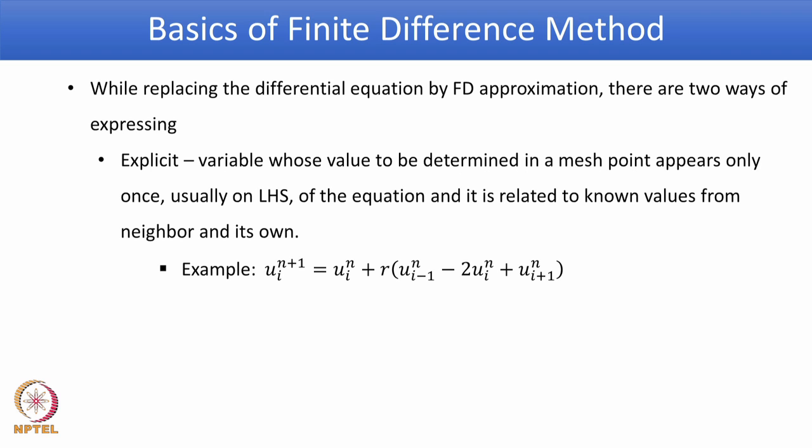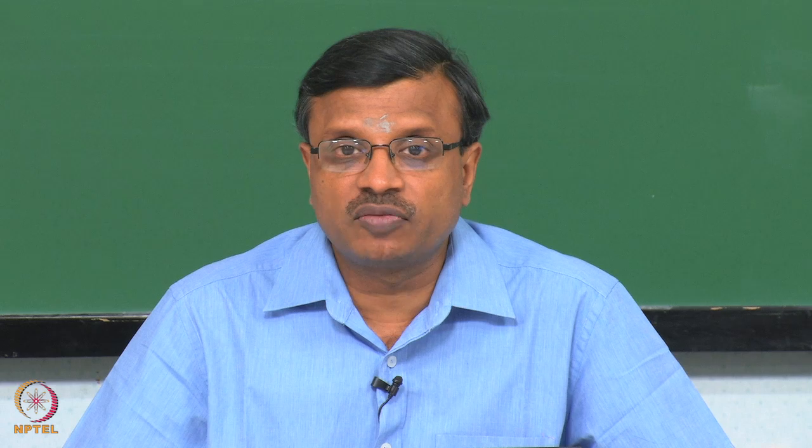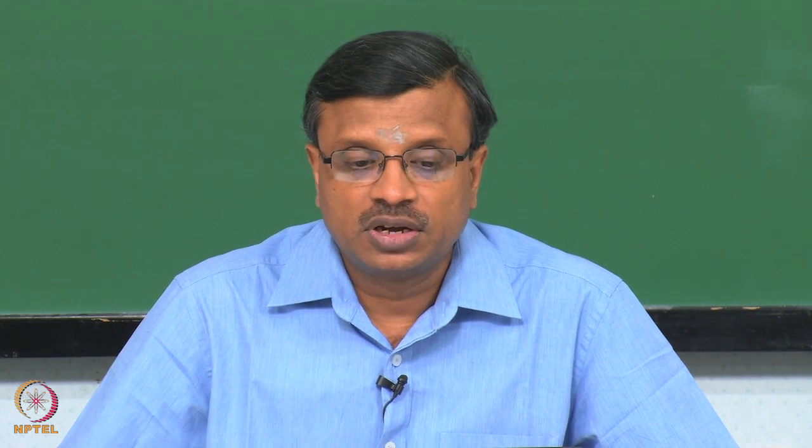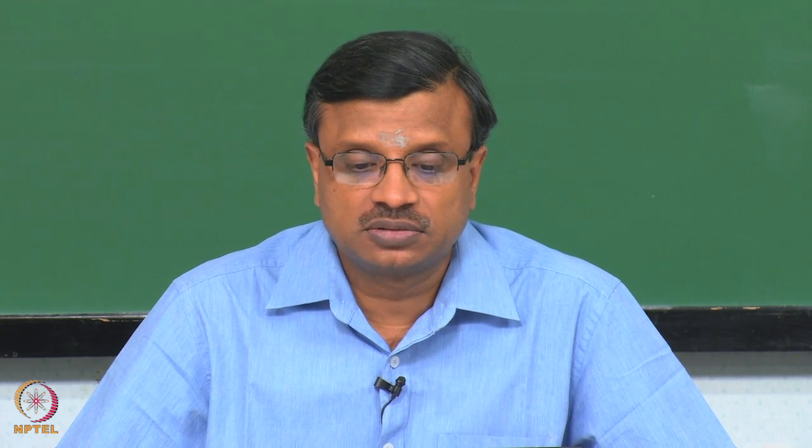So, you have the new value to be determined equal to a function of all old values. Those old values are either from its own location, determined from the previous time level in the case of unsteady formulation, or, for the same time level, related to all the neighboring points. Such a formulation is what is known as an explicit formulation.